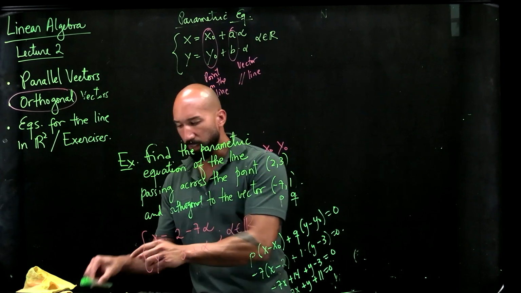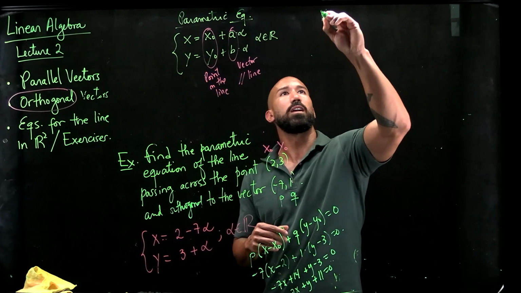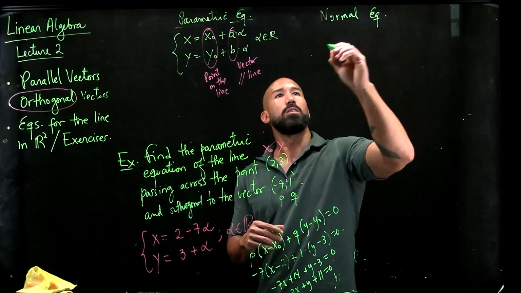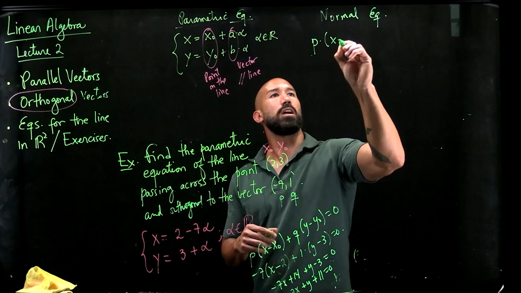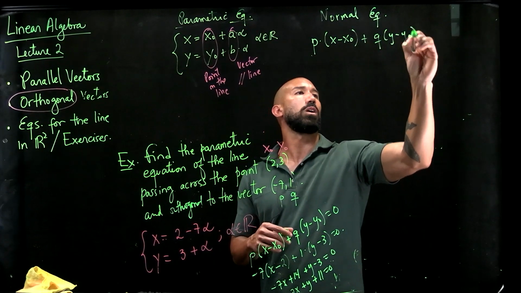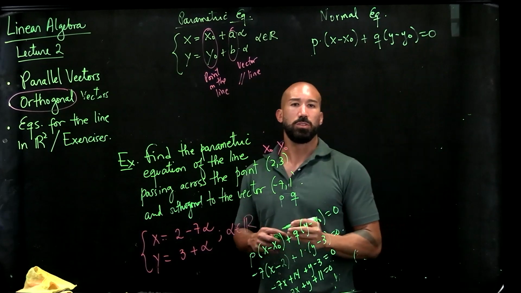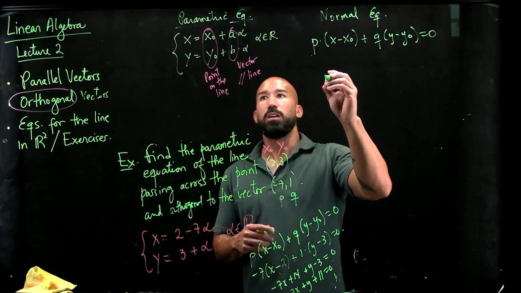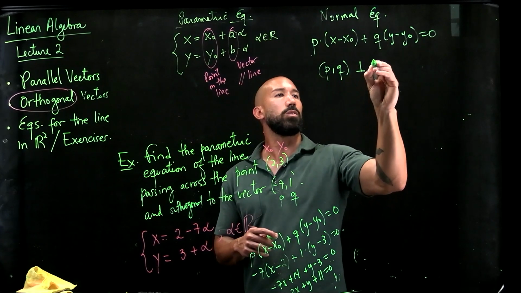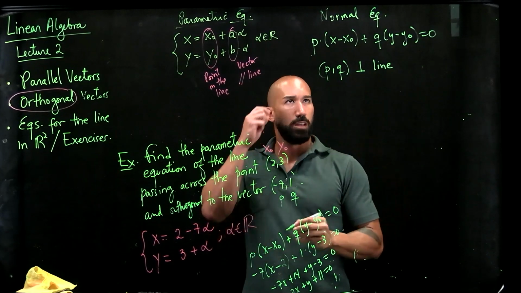And we have the normal equation of the line, which is p times x minus x0 plus q times y minus y0 equals 0. And now here, PQ is perpendicular to the line, okay?